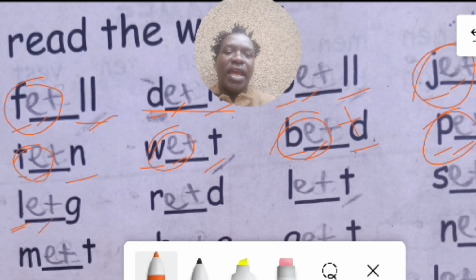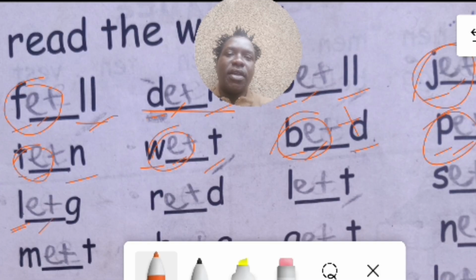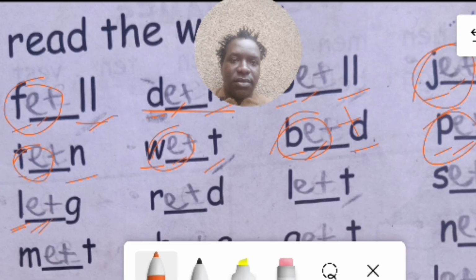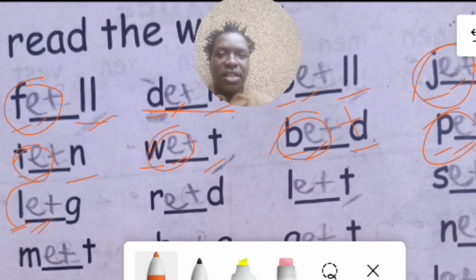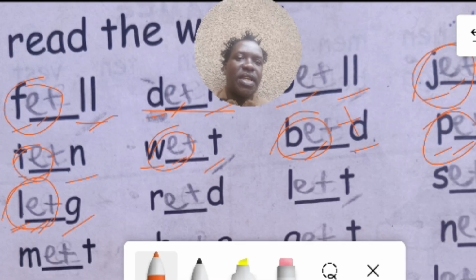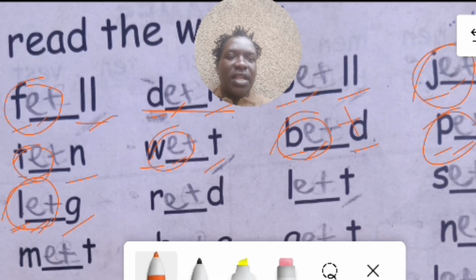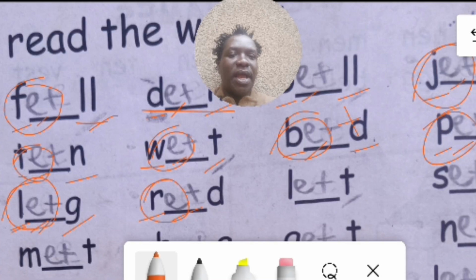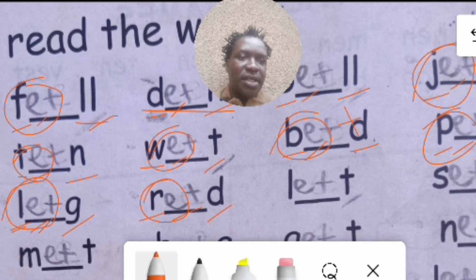Then consonant L plus vowel A, it becomes le. And then this one is le. Le plus G becomes leg. Consonant R plus vowel A, that is re, okay? Re plus D becomes red.